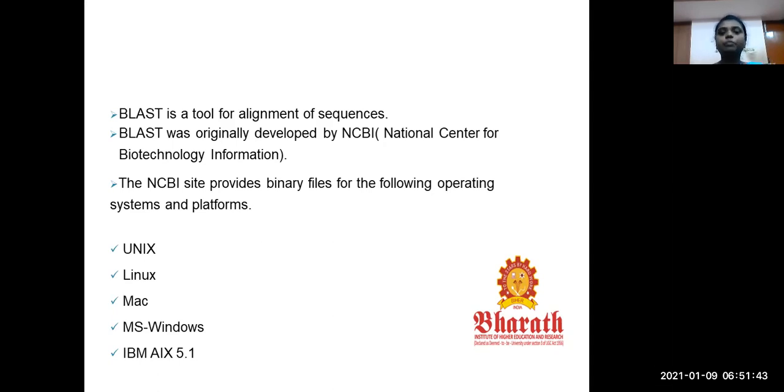The NCBI site provides binary files for the following operating systems and platforms: Unix, Linux, Mac, MS Windows, and IBM AIX 5.1. All these are used for the comparison. It's like a library. In a library, they have an arrangement, like alphabetical or binary arrangement, with a set of books.